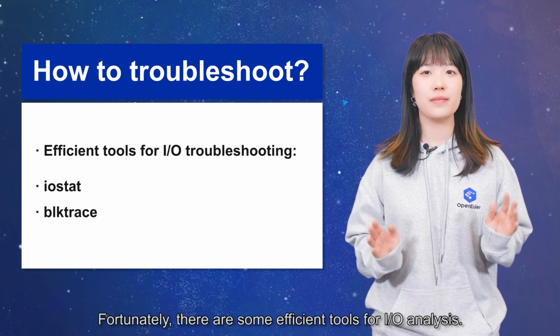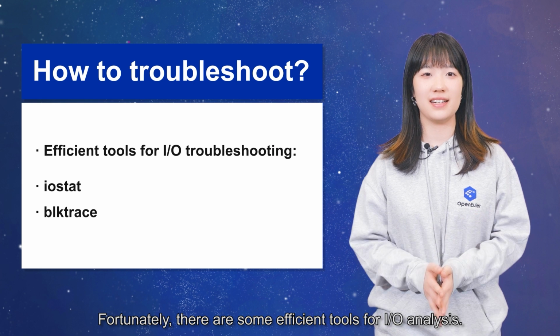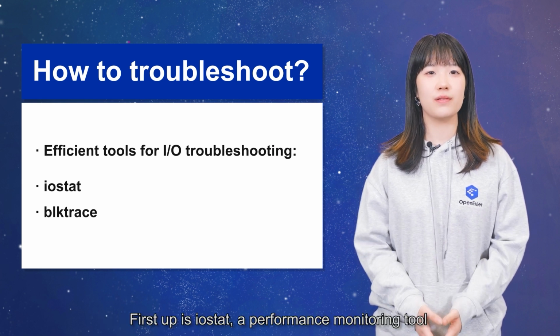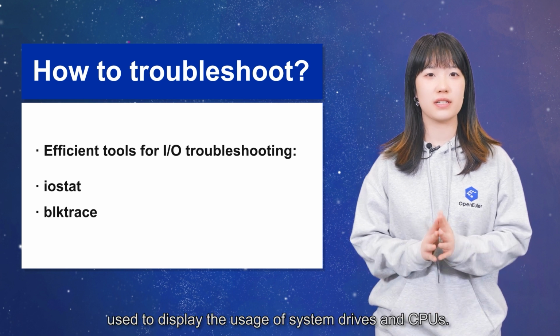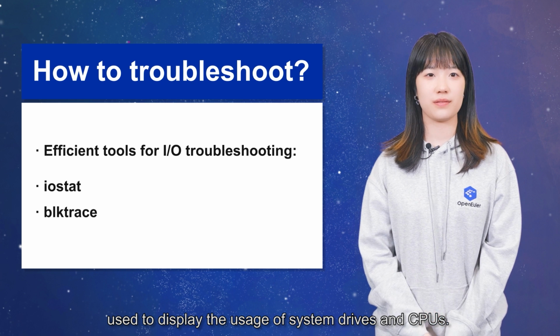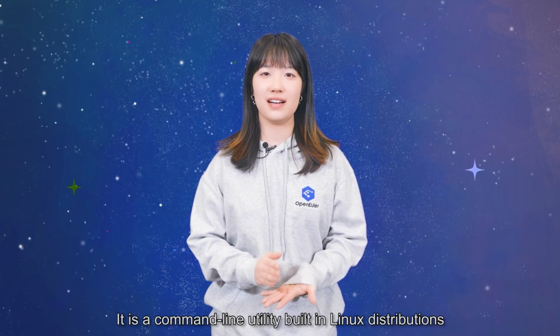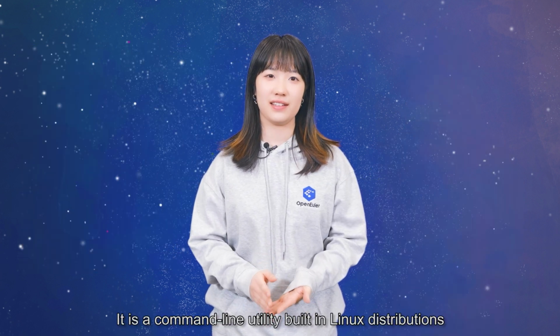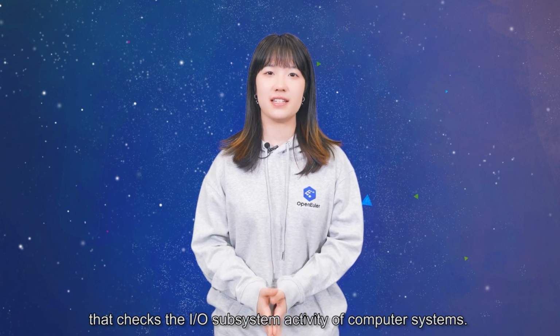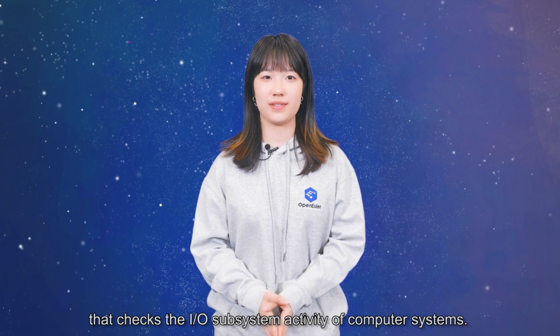Fortunately, there are some efficient tools for I/O analysis. First up is IOstat, a performance monitoring tool used to display the usage of system drives and CPUs. It is a command line utility built into Linux distributions that checks the I/O subsystem activity of computer systems.